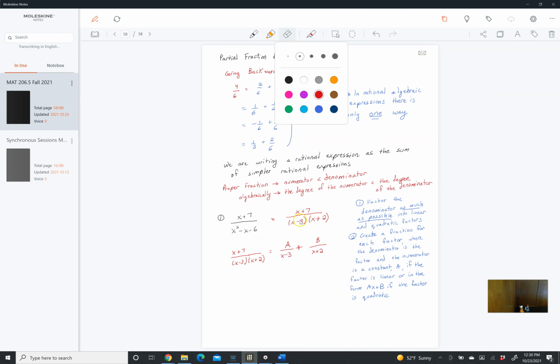Okay, we'll practice how to get the numerators with other problems, but let's finish this problem first so that you see how it works, okay?